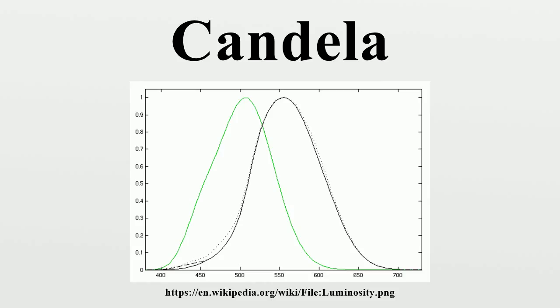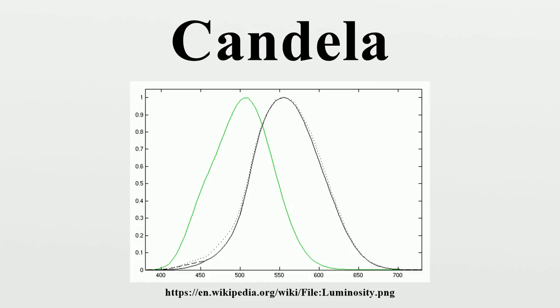In 1979, because of the difficulties in realizing a Planck radiator at high temperatures and the new possibilities offered by radiometry, the 16th CGPM adopted the modern definition of the candela. The arbitrary term was chosen so that the new definition would exactly match the old definition. Although the candela is now defined in terms of the second and the watt, the candela remains a base unit of the SI system.